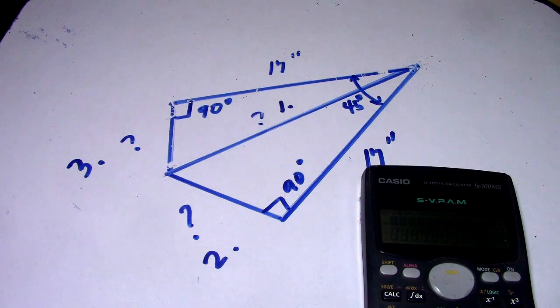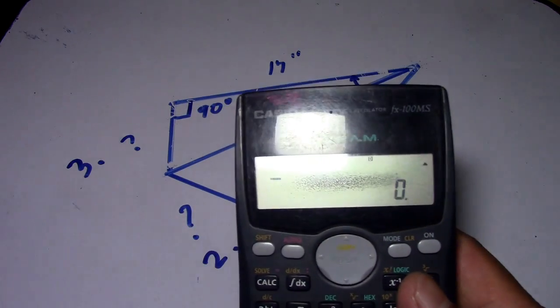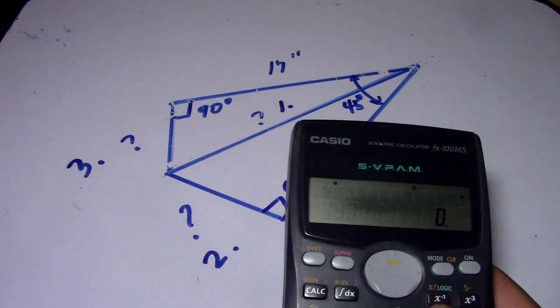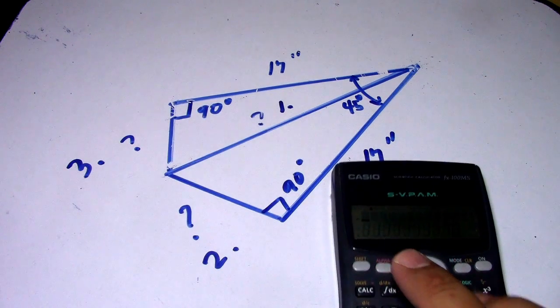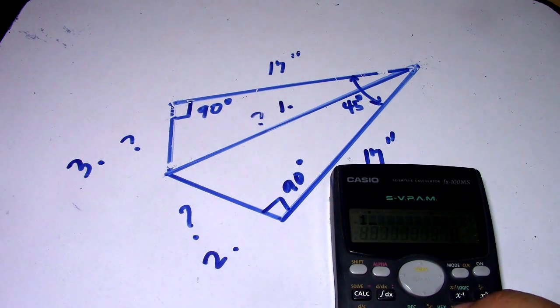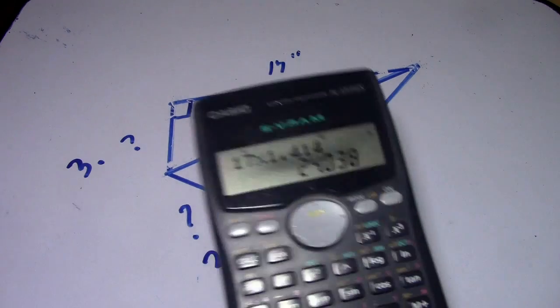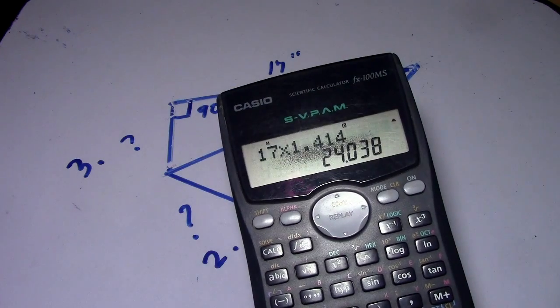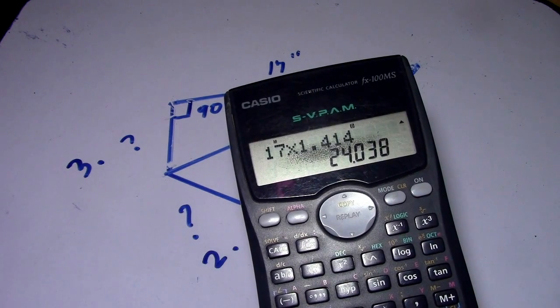Using the calculator we will get that. First, 17 multiplied by 1.414, and the answer is 24.038.